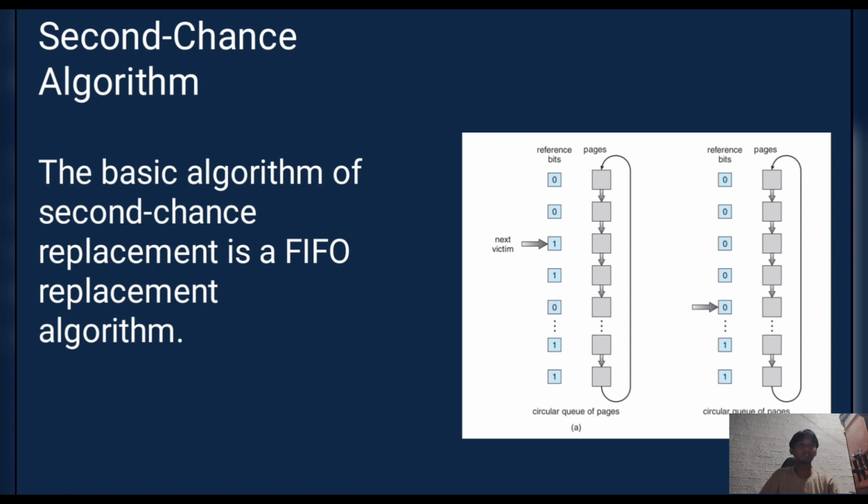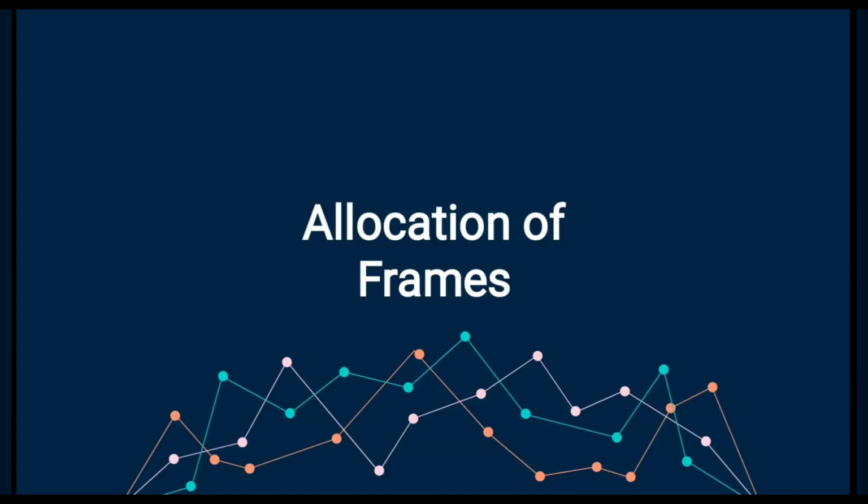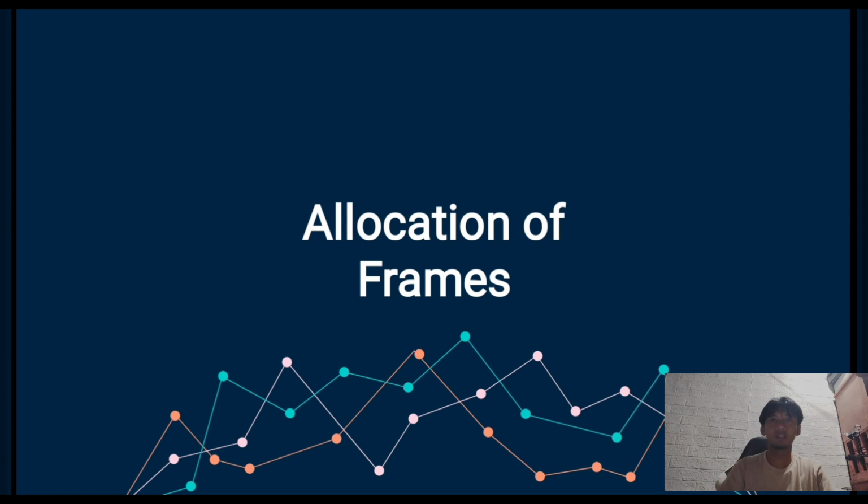Thus, a page that is given a second chance will not be replaced until all the other pages have been replaced or given a second chance. Next topic is the allocation of frames.